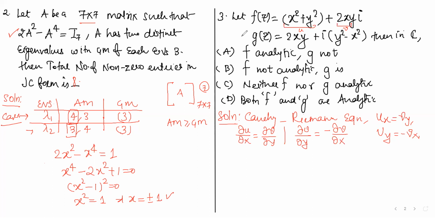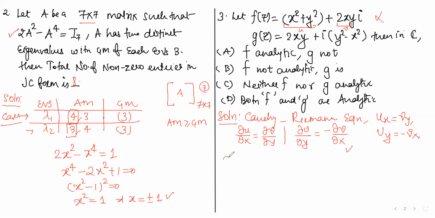But if I look at the function f very carefully, there is no minus. That means this will not satisfy the condition, since it is all plus and you cannot get a minus. So f is not analytic.